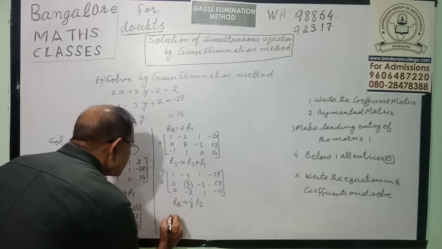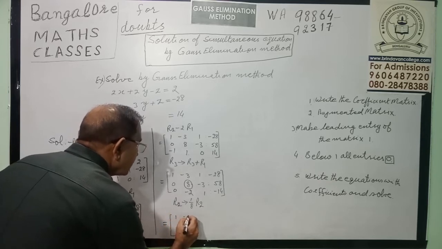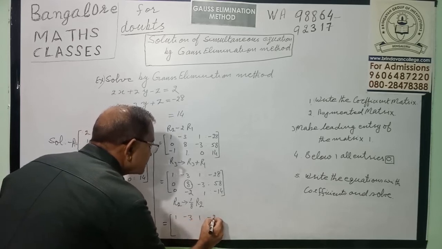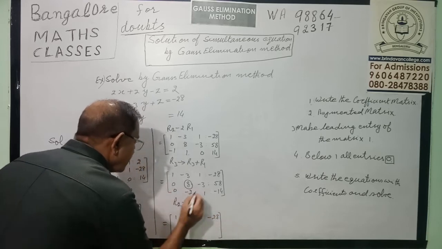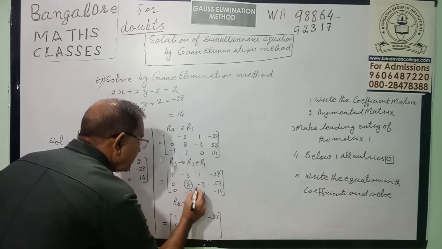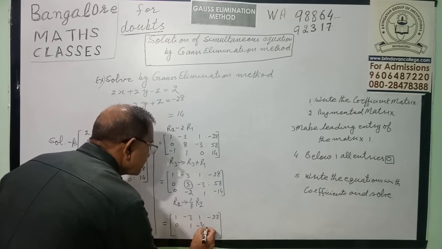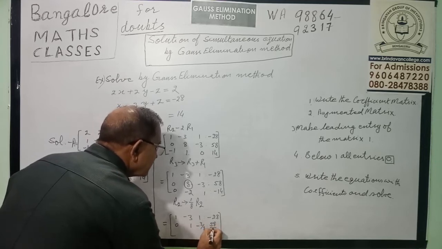First row as it is: 1 minus 3, 1 minus 28. Divide by 8: 0, 1, minus 3 by 8. Augmented 58 by 8.